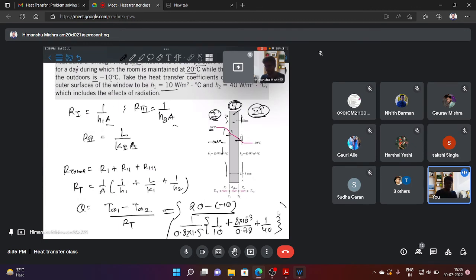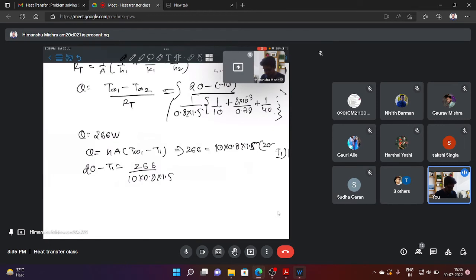Similarly, for T2, we can have multiple approaches. Like we have defined the convection heat transfer from 20 to T1, we can define the convection heat transfer from T2 to minus 10 by Newton's law of cooling, where the temperature varies from T2 to minus 10. The other way is to use the Fourier conduction heat transfer, where the temperature changes from T1 to T2.